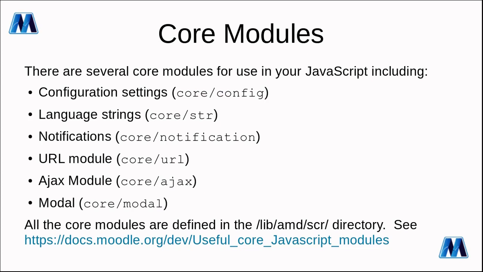Notifications, so you can notify users of particular issues, so alert boxes, etc. You've got a URL module, and we've spoken about the Ajax module, and we've also got a Moodle core module for working with Moodle windows. All of the core modules are defined in the lib/amd/src directory, and you can have a look at the documentation at that link as well.